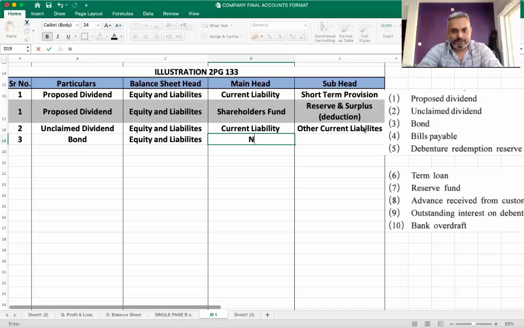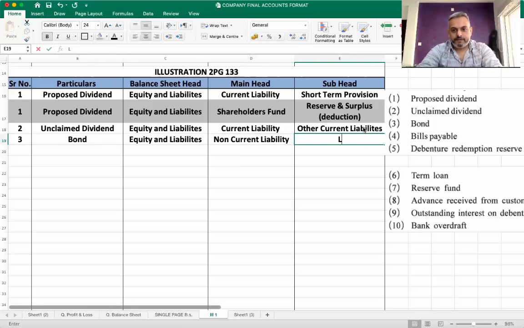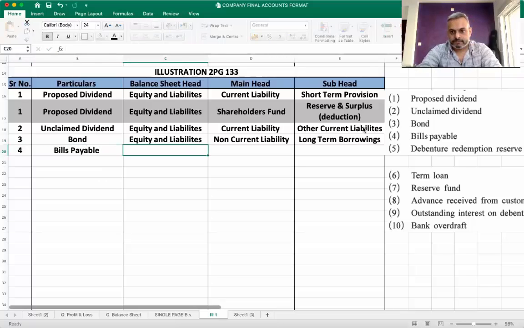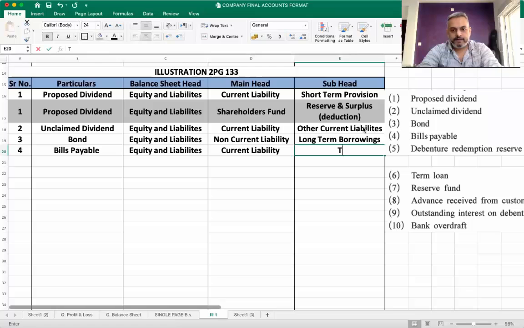So main head is non-current liability, and this is long-term borrowing. Fourth, bills payable. Again, equity and liabilities, current liability, it is under the heading trade payables because trade payables has creditors as well as bills payable.